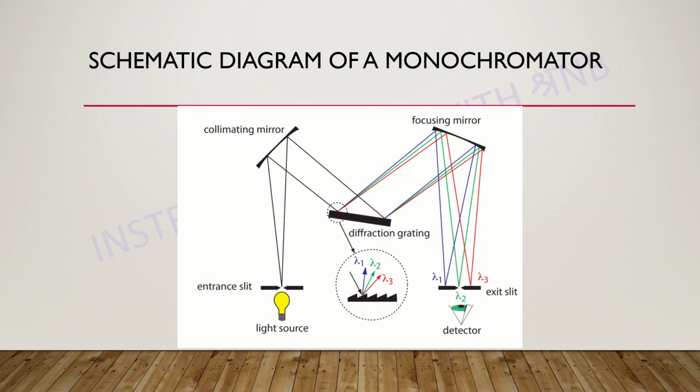As I've already told about the diffraction phenomena, it bends the electromagnetic radiation, and it will focus the diffraction into the focusing mirror. Thus, the polychromatic radiation will be converted into monochromatic radiation using this monochromator.